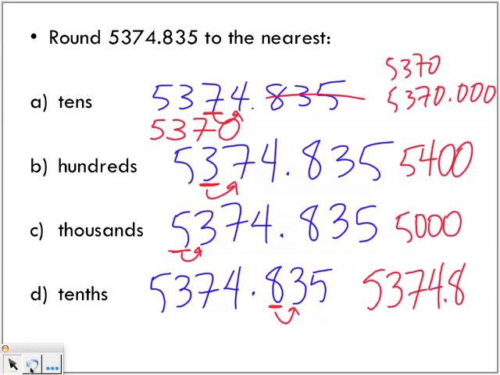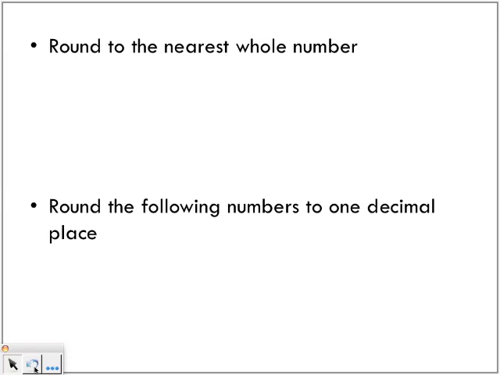So, any questions about this kind of rounding? No? Okay, round to the nearest whole number. Sometimes I may not ask based on an actual place value. So if I'm referring to the nearest whole number, what am I talking about?